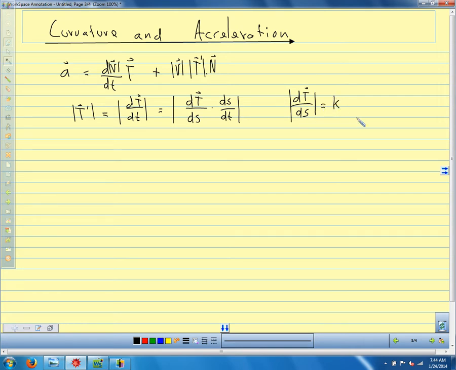And ds/dt, the rate of change of the arc length with respect to time, was what quantity? The magnitude of r prime. That was our speed. And I can write that as the magnitude of our velocity.